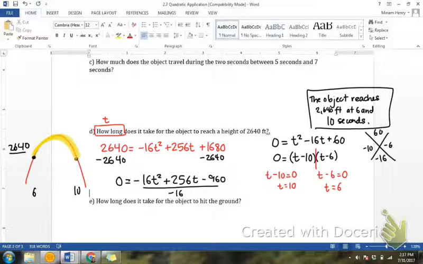If I find the height at 6 seconds and I know the height at 10 seconds, if I subtract those two, isn't that going to give me how much it traveled between those two? So if I find the height at 5 seconds and I find the height at 7 seconds, right? Maybe the height at 5 seconds is 200 and the height at 7 seconds is 300. How much did it pass?